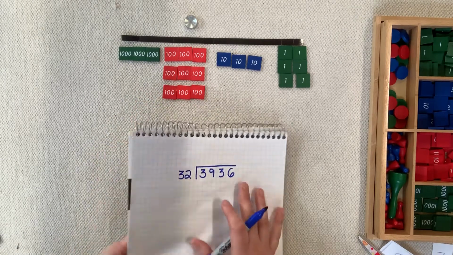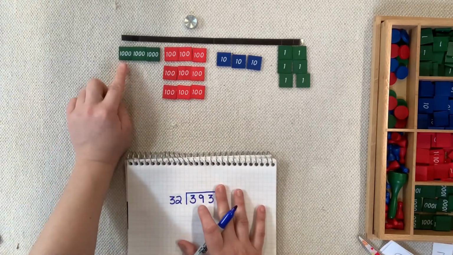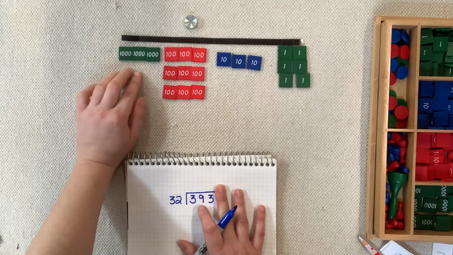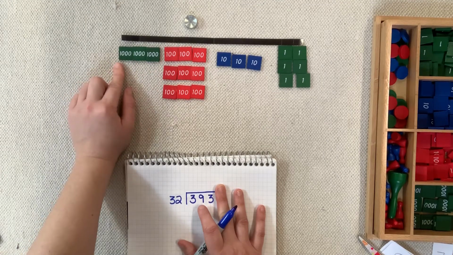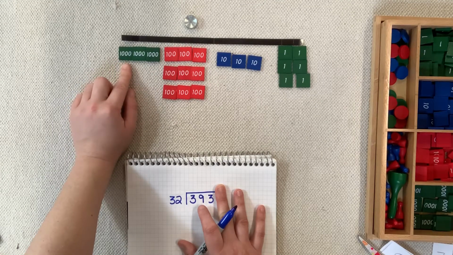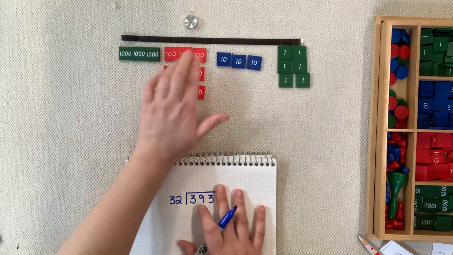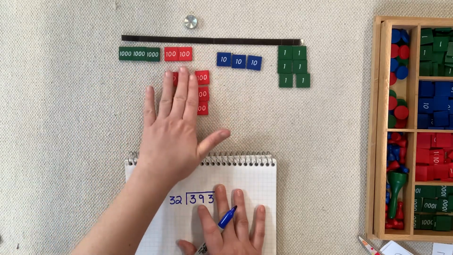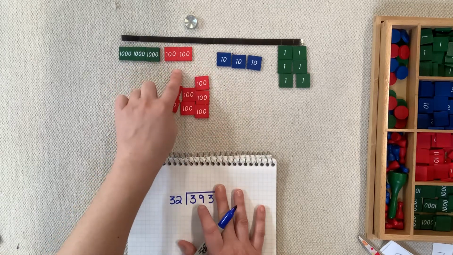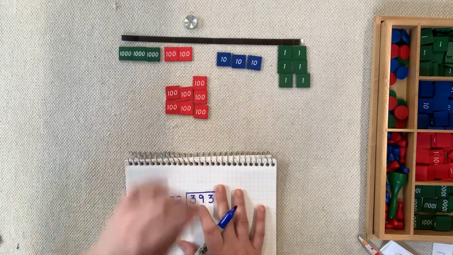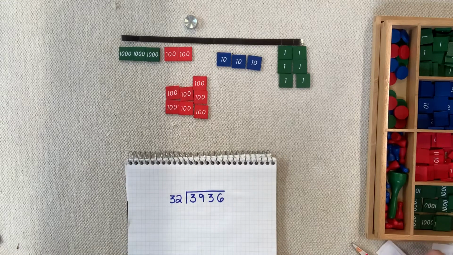Well, we know, just like before, 10 hundreds is the same as 1,000, so 10 hundreds, 20 hundreds, 30 hundreds, 31, 32 hundreds. So we can make one group of 32 hundreds.